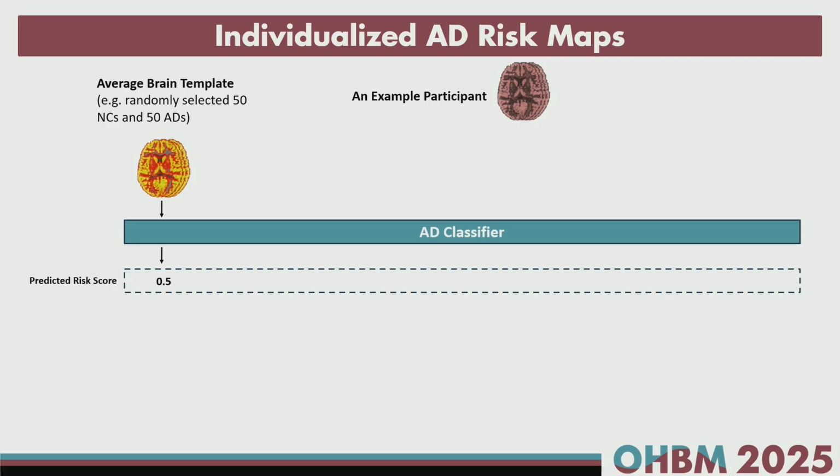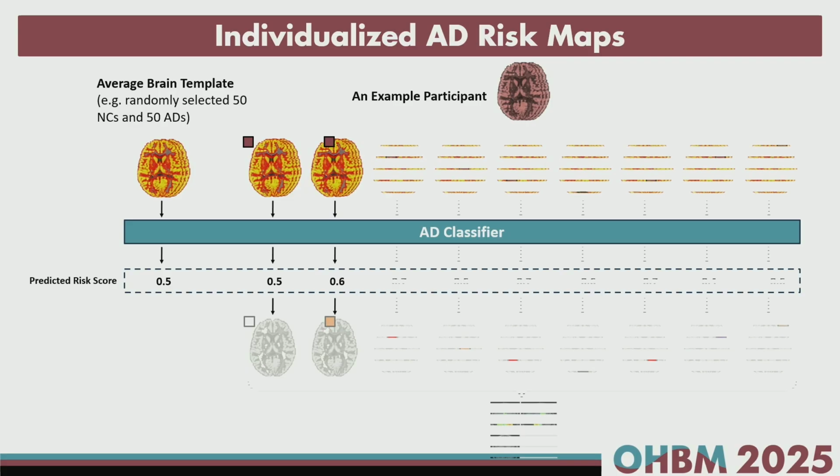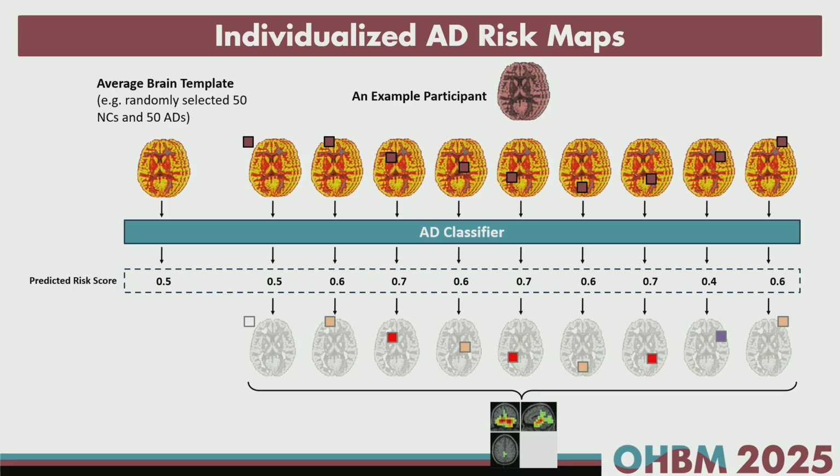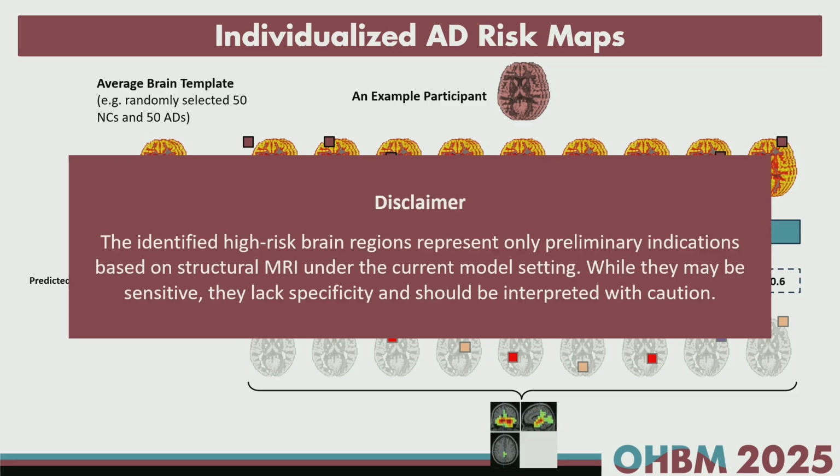If we get a new participant, we can replace the template with the actual participant's data for a certain brain area, and we can treat the predicted score of the combined image as the disease contribution of this brain area. If we do this region by region, we can finally get a whole-brain risk map for a single subject.